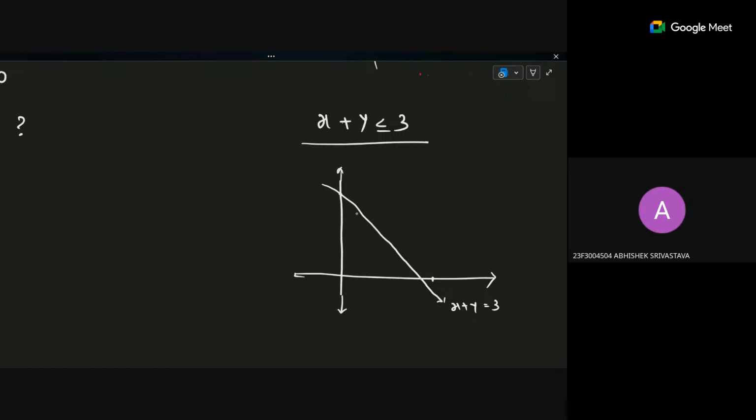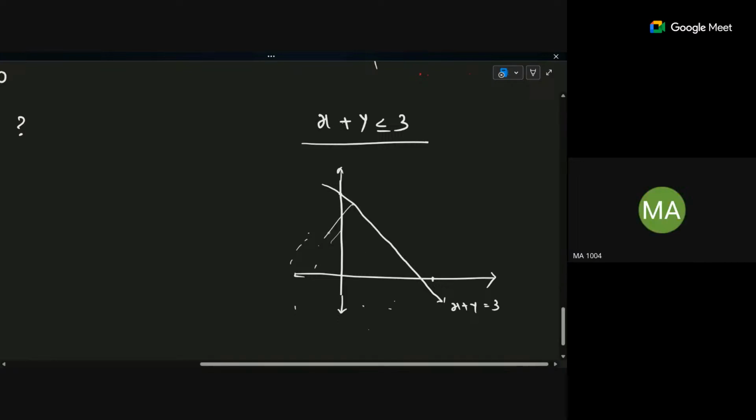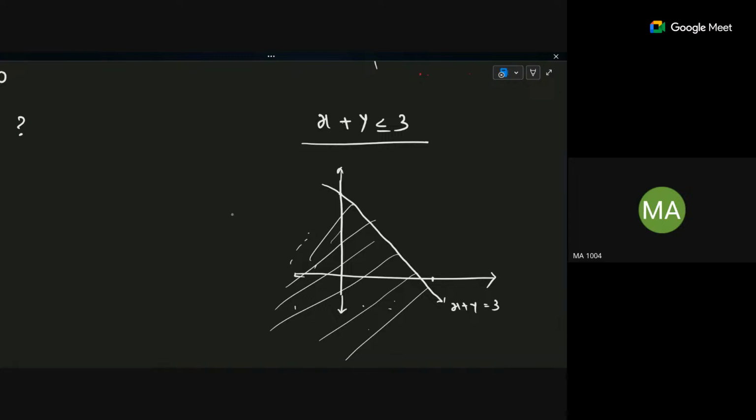The lesser part is towards the origin. What about this part? Why are you not considering this part? All those are considered, from 3 to minus infinity. So this is your x plus y less or equal to 3. Like that only we decide whether it's less or equal to or greater.